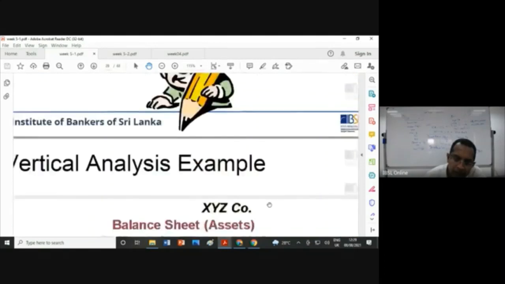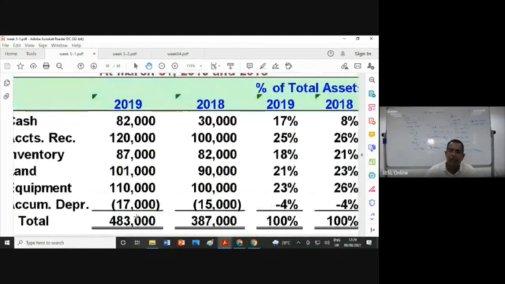Then when it comes to vertical analysis, we represent a single financial period, like this year, March 31st of this year. What is the P&L? All P&L items will be represented as a percentage of turnover, right?